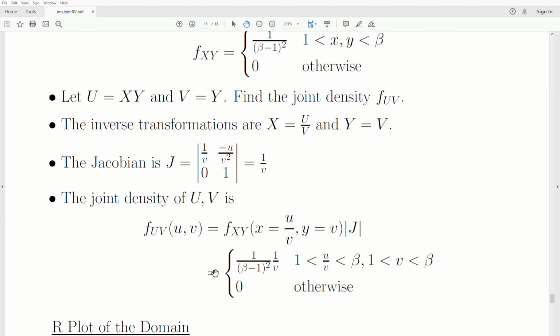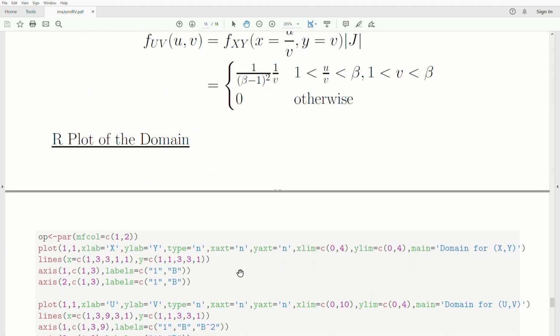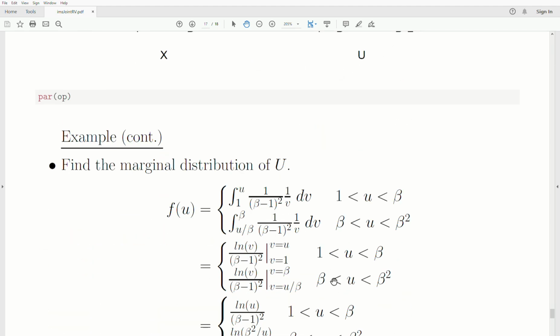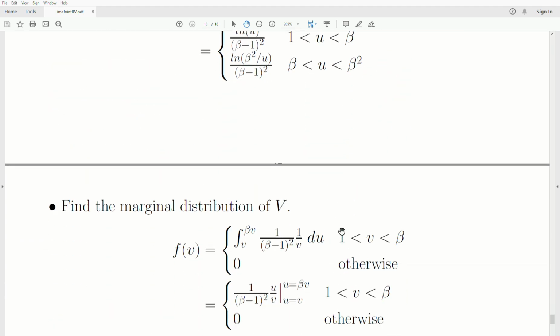But we found the joint distribution, and then we integrated out v to find the density of u, and now we're going to integrate out u and find the density of v. So to integrate out u, we go from this line to this line from 1 to beta. And so let's scroll back down and look at it.